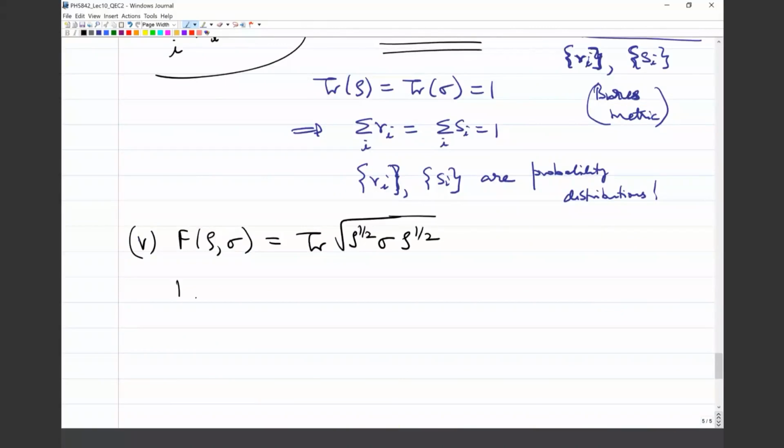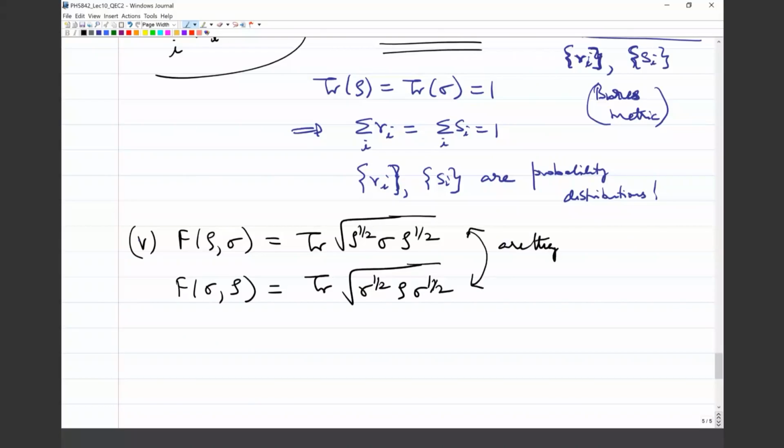What is F of sigma, rho? It's the same. Why is it the same? How do you know that they are the same? So this has to be proved, okay?